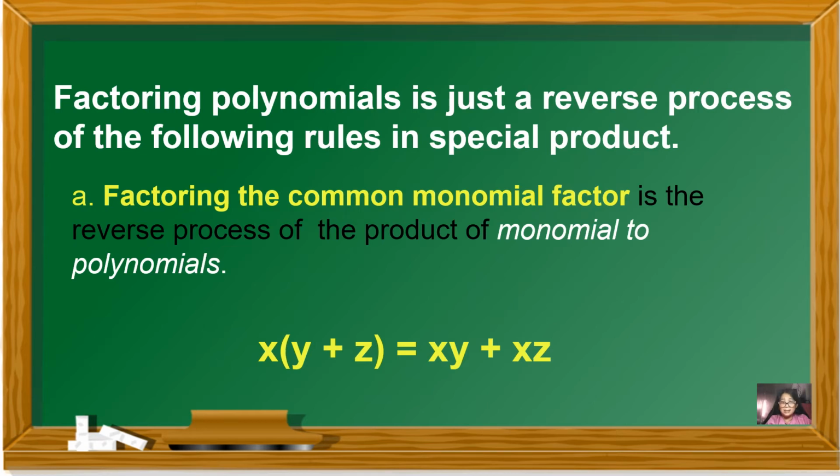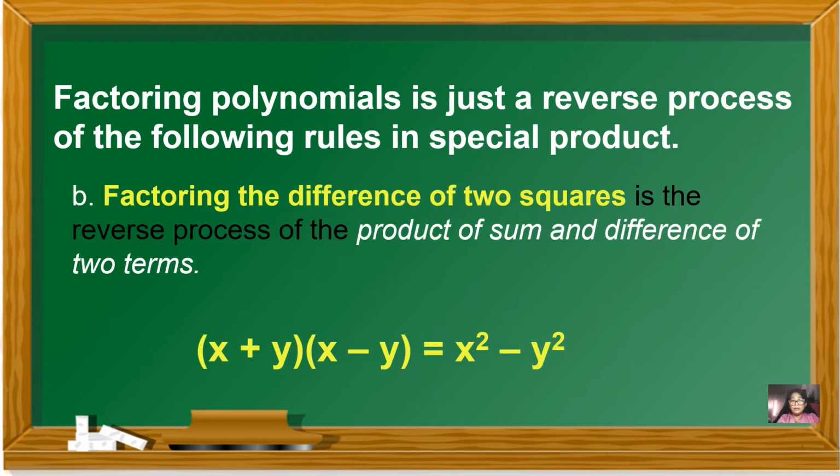Xy plus xa. Next is factoring the difference of two squares. The difference of two squares is the reverse process of the product of the sum and difference of two terms. We have the two terms, the sum plus, and then the difference minus.